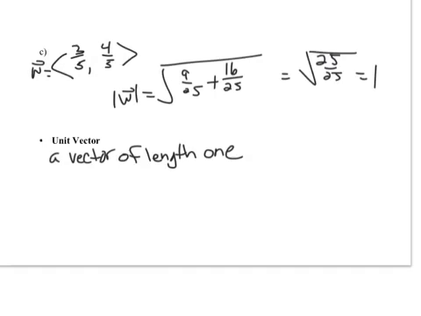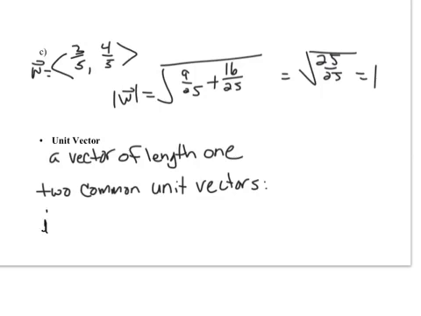So a unit vector is any vector that has a magnitude of 1, which is what this vector w would be. The x and y components, when you do the Pythagorean theorem, you end up with a value of 1. Now we have two common unit vectors that we use quite a bit. The first one is when the vector is pointing completely in the x direction, and this is vector i.